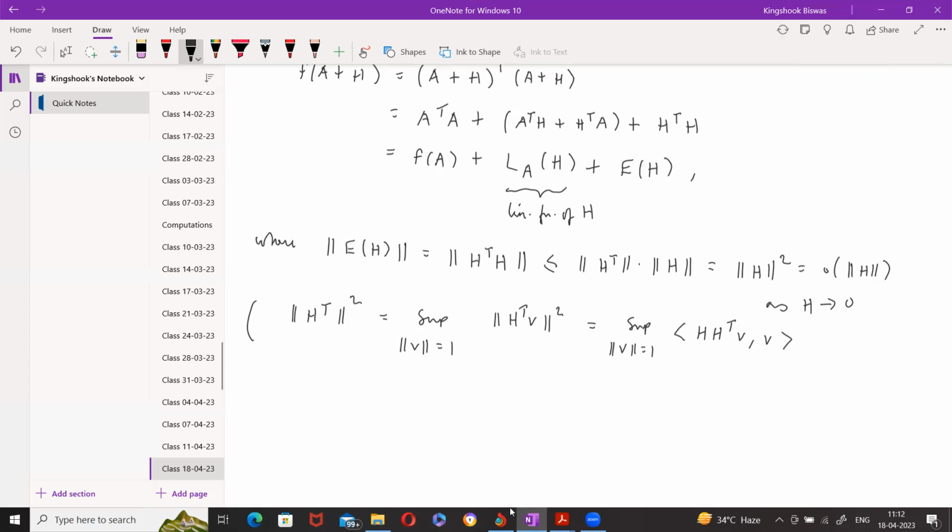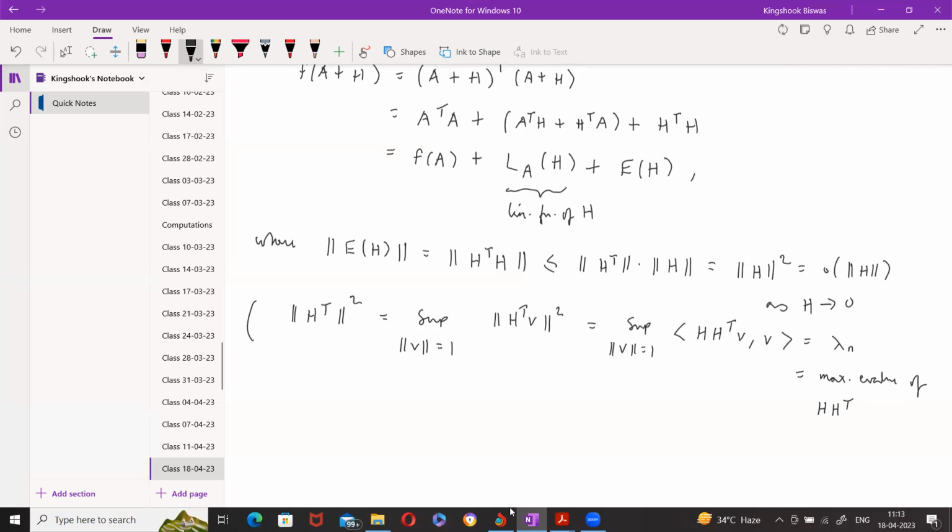So this is equal to, if this has eigenvalues lambda 1 to lambda n, then this is the maximum eigenvalue of H H transpose.